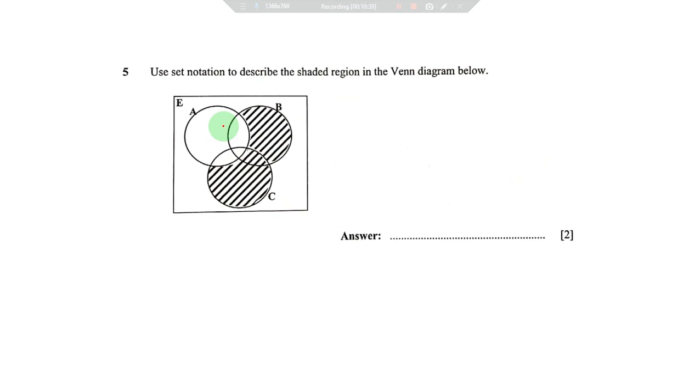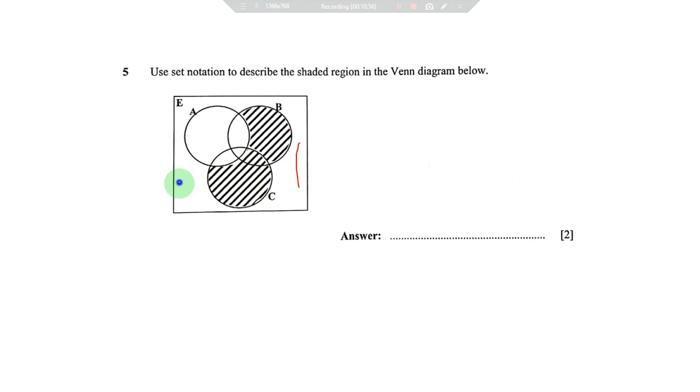When you say complement, it simply means elements that are not in set A. Now, if I just say A complement, we get elements including the elements that are in the universal set in here.